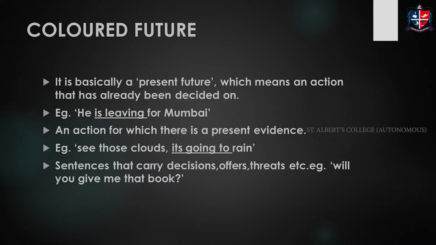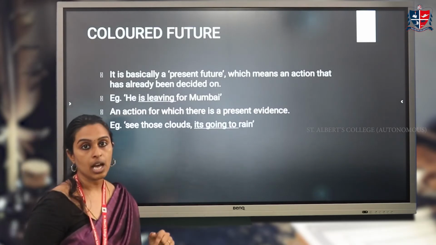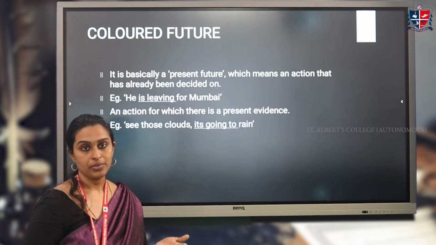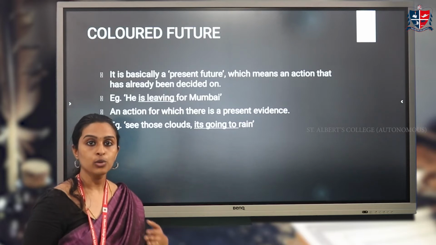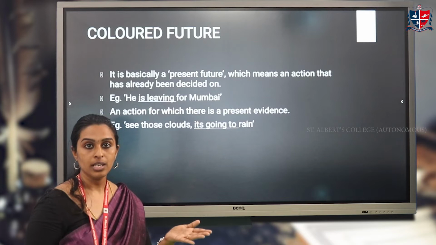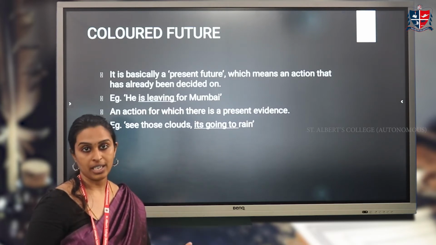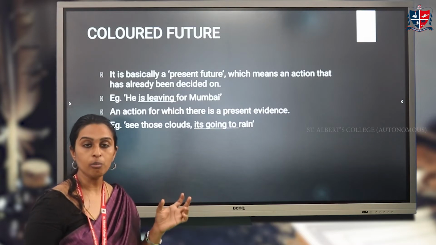An action for which there is a present evidence. For example, see those clouds, it's going to rain. If you're outside and you say to your friend, look at those clouds, it's going to rain. So that can also show futurity without the use of the verb form will.